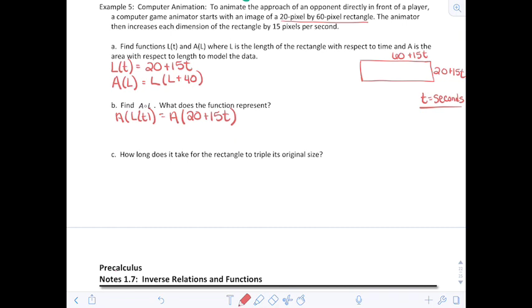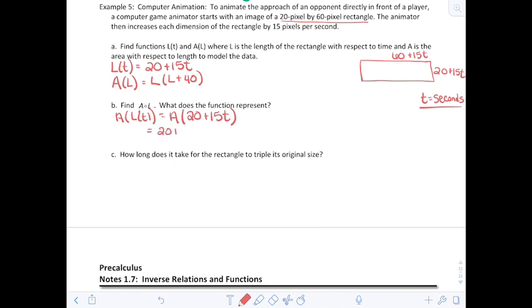So I'm going to take that and substitute that into my length. I'm going to leave it just like that. I was going to maybe distribute that L, but we can leave it just like that. So now I'm going to go to A, my function for area, and everywhere I see an L, I'm going to plug in 20 plus 15t.